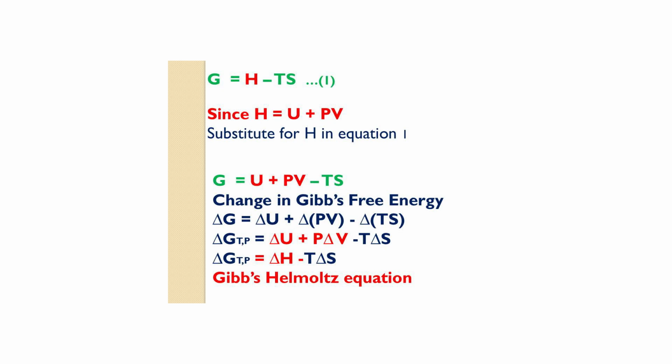Therefore, the equation becomes delta G is equal to delta H minus T delta S. This equation is known as the Gibbs-Helmholtz equation.